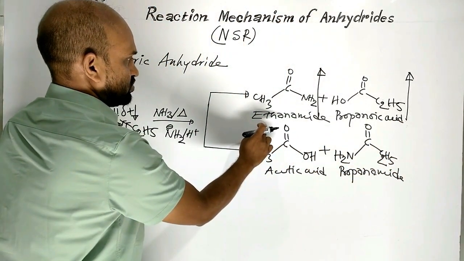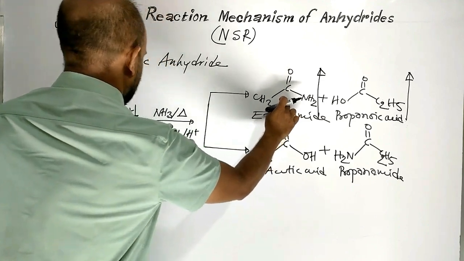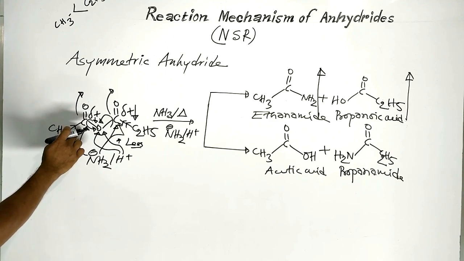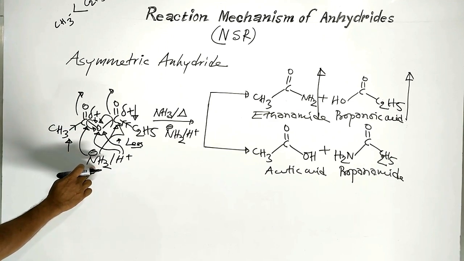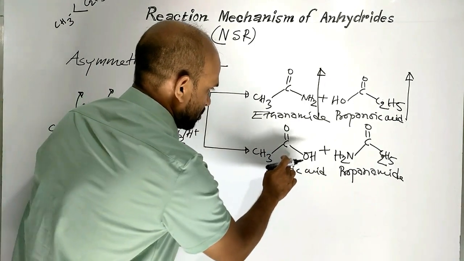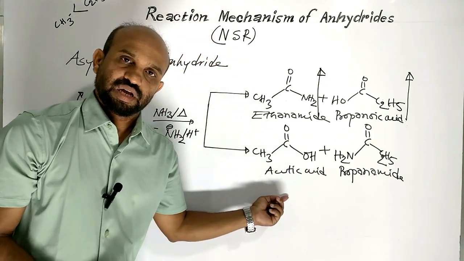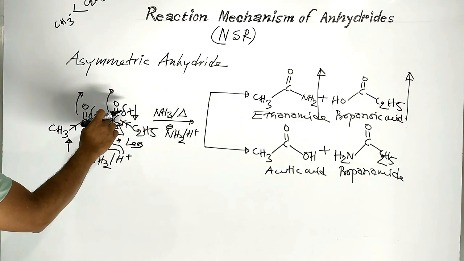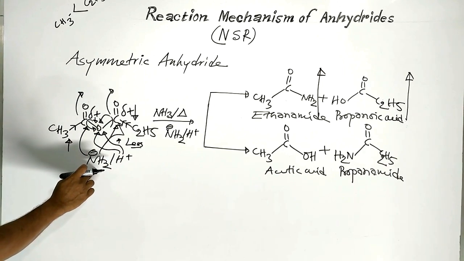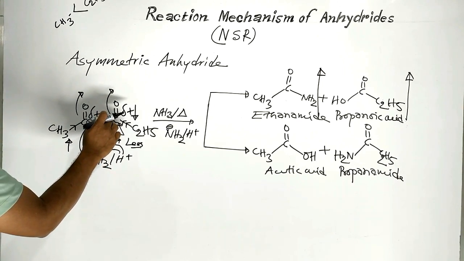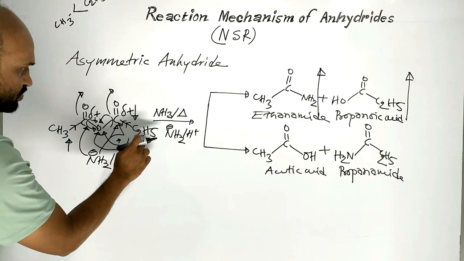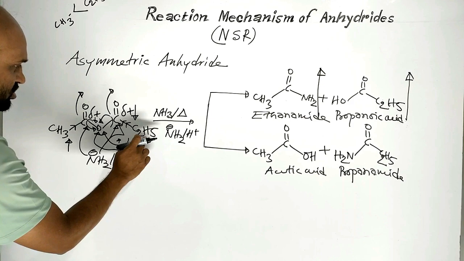So basically this reaction occurs because this functional group carbon is much more responsive to the nucleophile, but this reaction occurs in a lesser amount because this carbon is less responsive to the nucleophile, because the positive charge density on this carbon is decreased because of the powerful electron donating alkyl group.